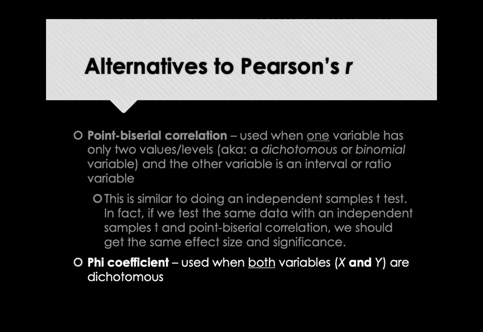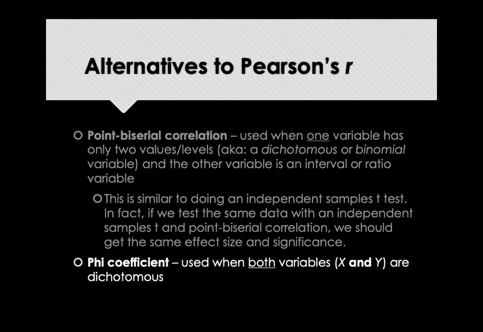So maybe you want to look at whether people working from home have kids or not. So work from home, yes, no. Have children, yes, no. Both of those variables are dichotomous. Is there any relationship between people who work from home and whether or not they have children? You could look at the correlation there, the relationship between those two variables, using the phi coefficient.